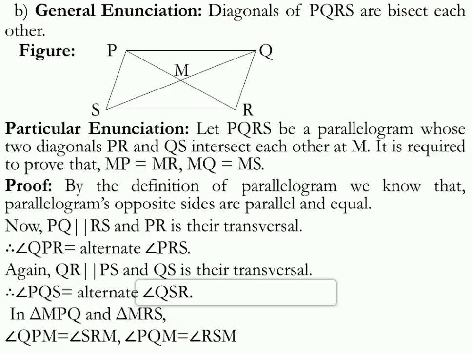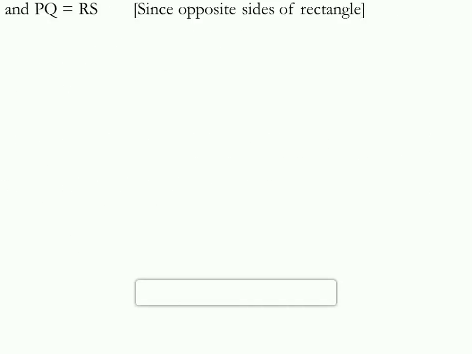When two angles of a triangle are equal to two angles of another triangle, then obviously the third angle should be equal, and here angle PMQ and angle SMR are equal because they are vertically opposite angles. Also PQ equals RS because they are opposite sides of the parallelogram.